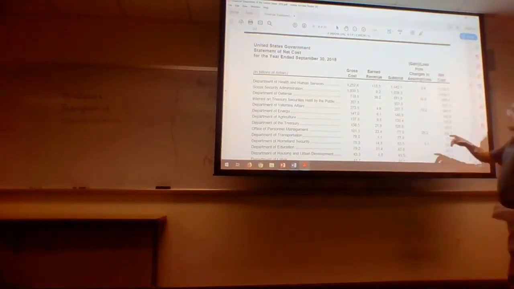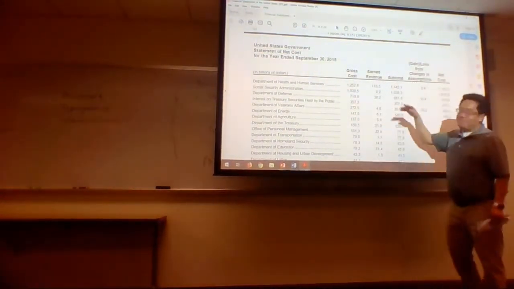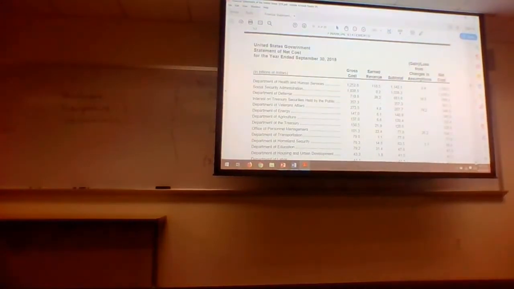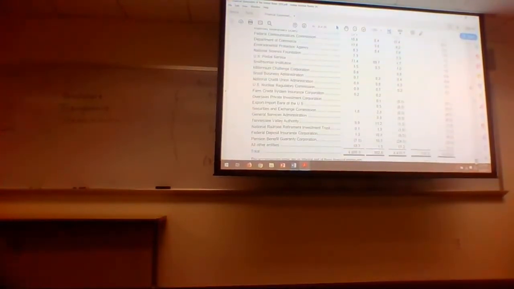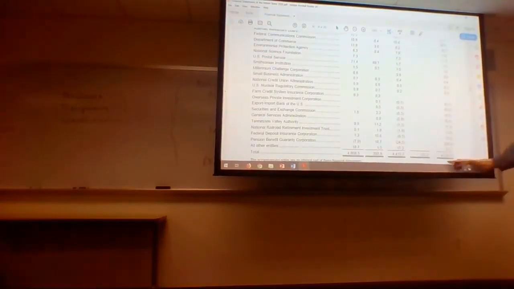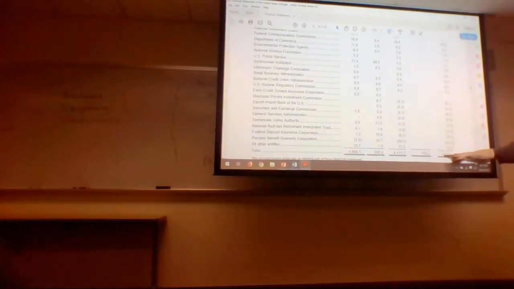Okay, so these are in billions of dollars. So everything here is in billions of dollars. If you look at the bottom, you can see that the entire budget for the US government is $4.5 trillion, right? Because this is $4,541 billion, which is 4.5 trillion for 1 year.